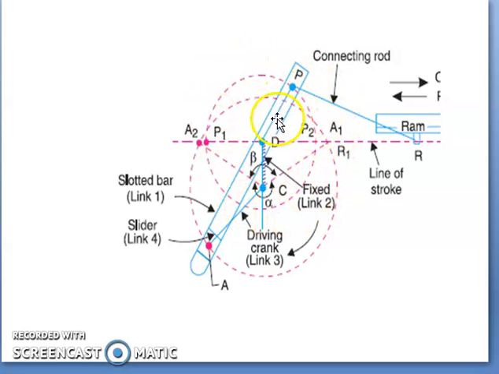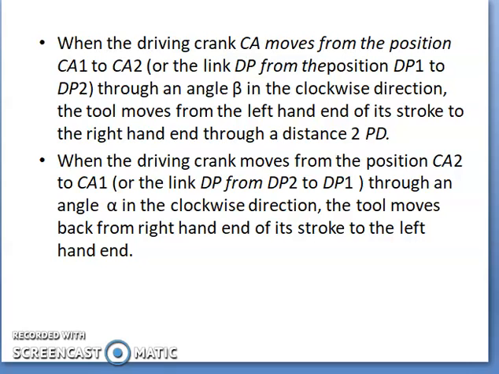But here the radius of rotation will be PD, whereas in the former case, the radius of rotation will be AD. Since the tool is attached to the ram, when this is rotating, this will cause the ram to move or slide in the forward and reverse direction.